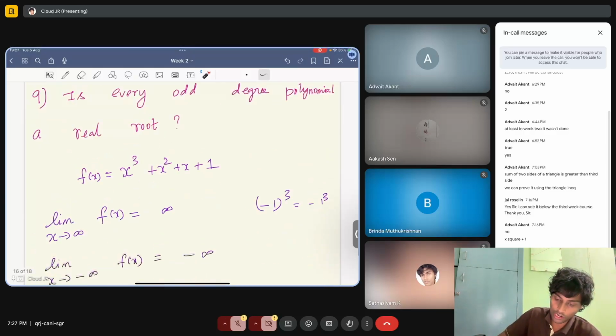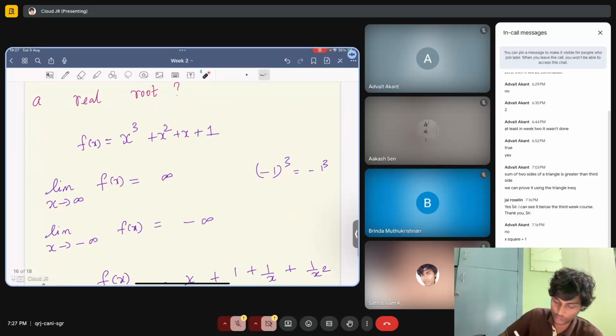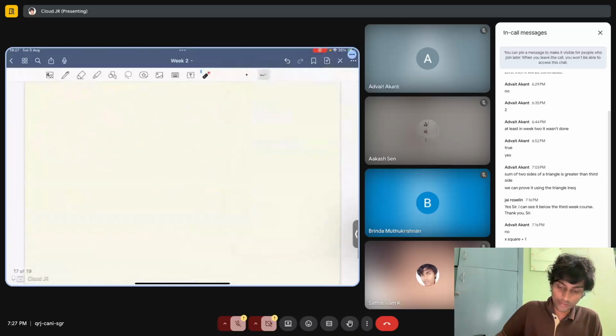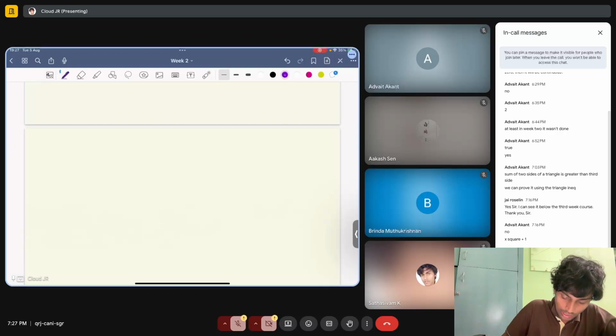So what happens is you have an odd degree polynomial, and as x goes to infinity, the polynomial goes to infinity. As x goes to minus infinity, the polynomial goes to minus infinity. That is all I have, and I don't have to worry much. So since the limit goes to minus infinity, there exists a point a such that f of a is negative, right?